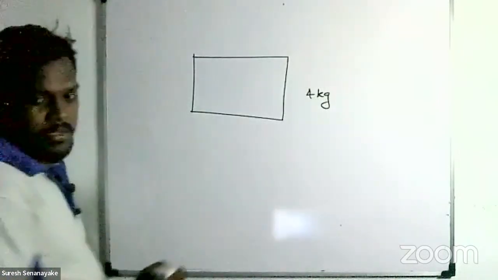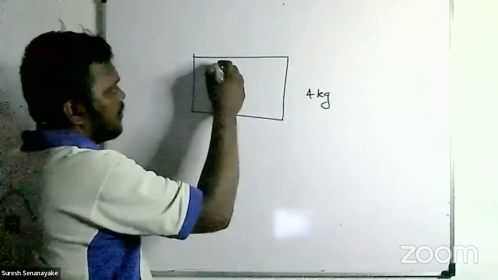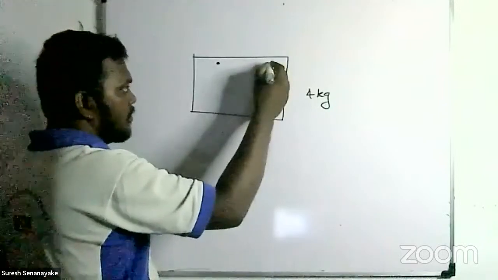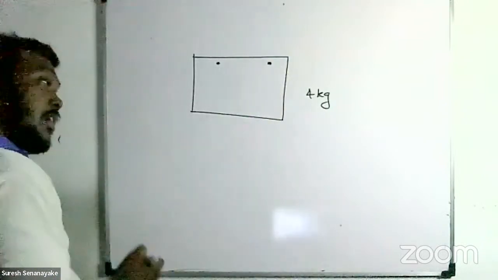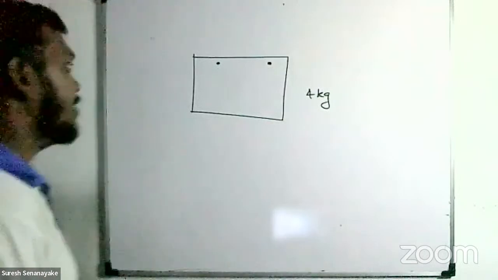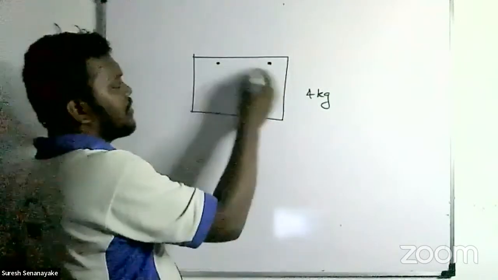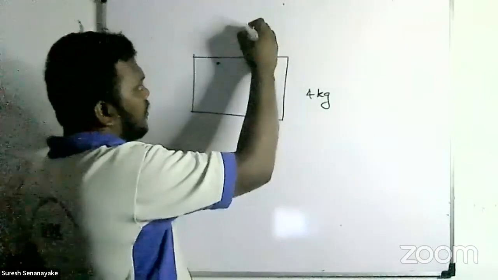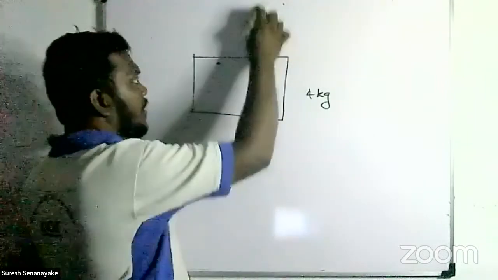And you plan to hang it on the vertical wall by a string which is attached to 2 points on the frame to a nail on the wall, right? So symmetrically you need to do it, right?